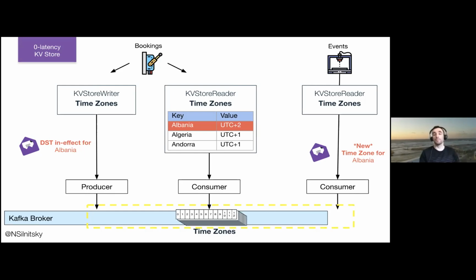And then other services can also have their own stores, etc. And what's nice here is that all the different services in the ecosystem are kept up to date all the time because they have these consumers. And so we not only have zero latency for the bulk of the key value store that is read at the beginning, it's also kept updated throughout the lifetime of the service.